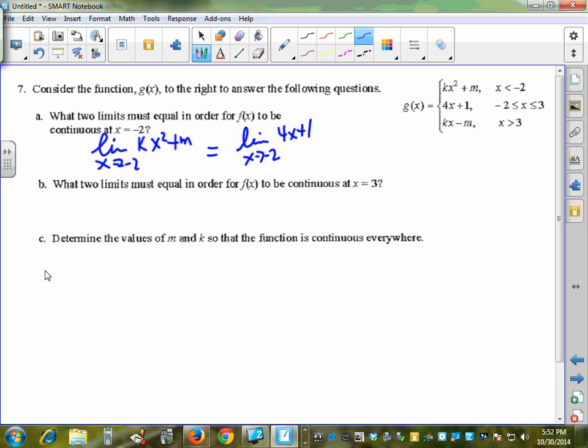So we're going to end up having to find out where the y value of the first piece equals the y value of the second piece as x approaches -2. Might as well go ahead and plug in -2 for x.